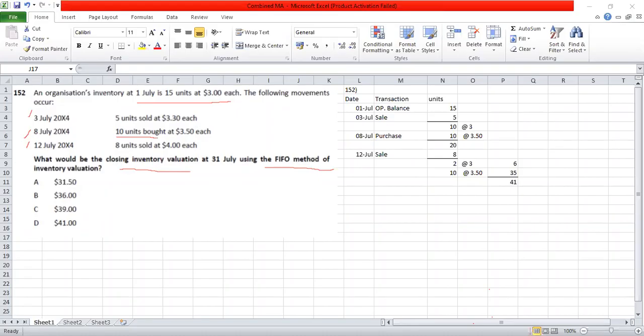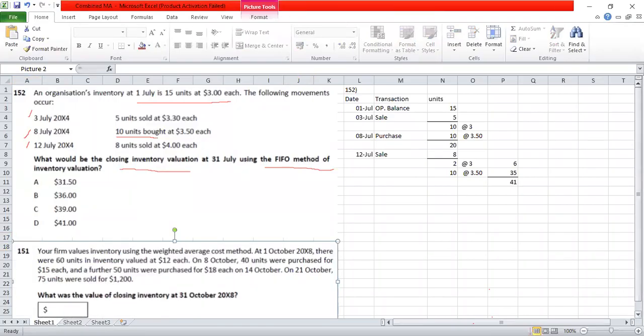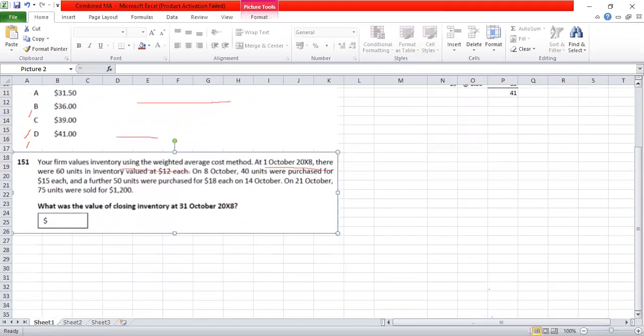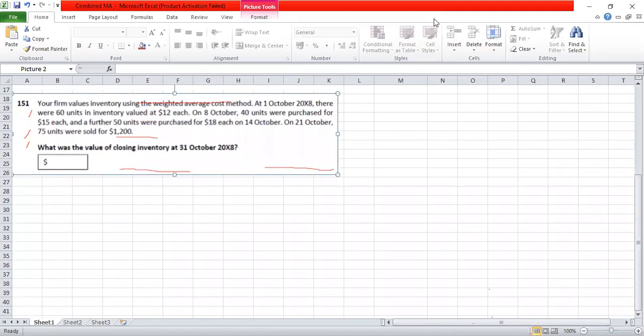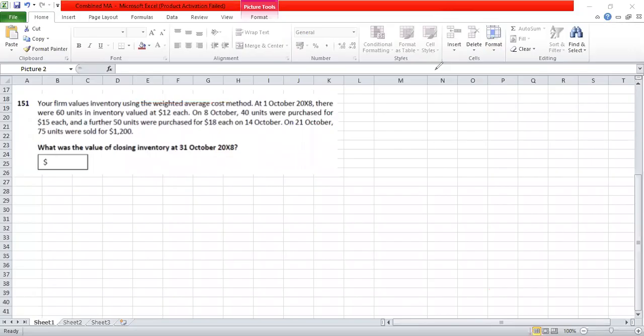Question number 151 is about weighted average. You form values inventory using the weighted average cost method.